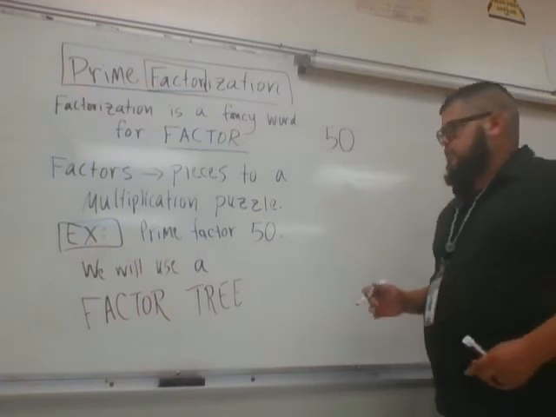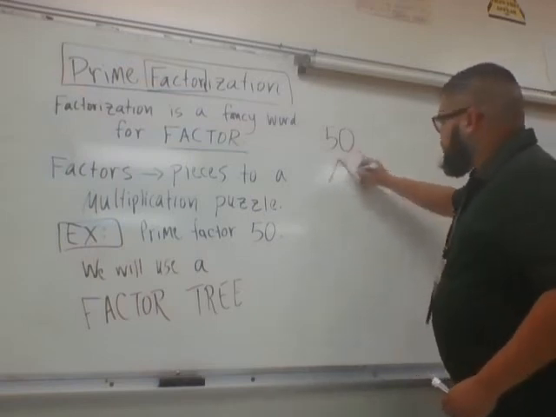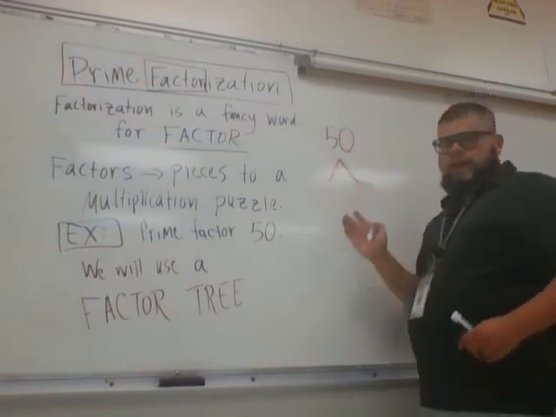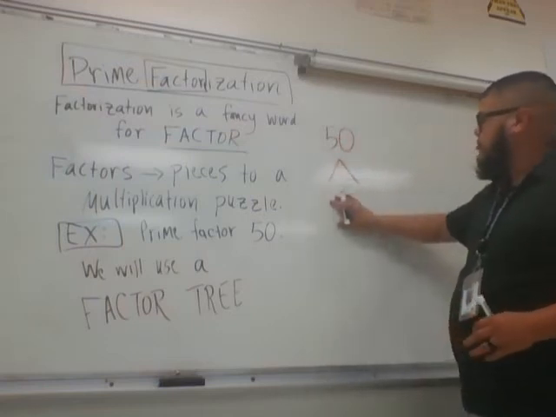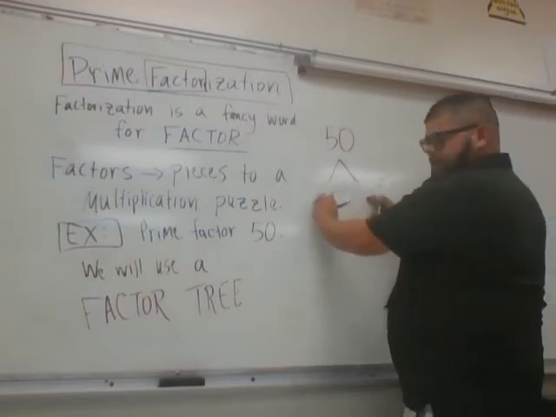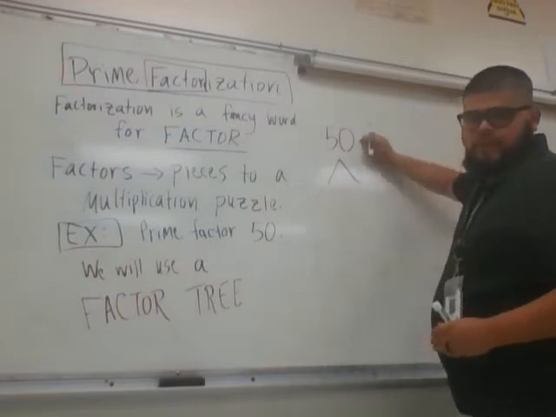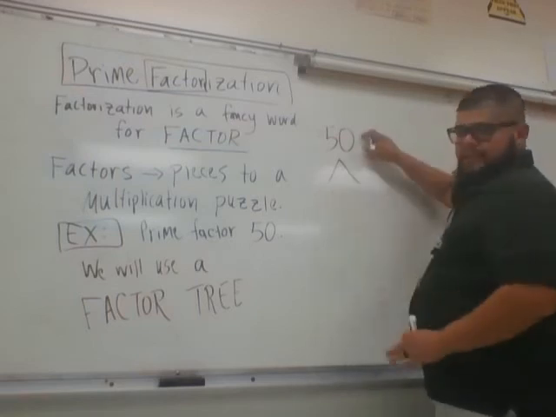That's why they call it a factor tree. We're going to use this upside down open triangle idea. We're going to find two factors, two numbers that multiply to get this 50.